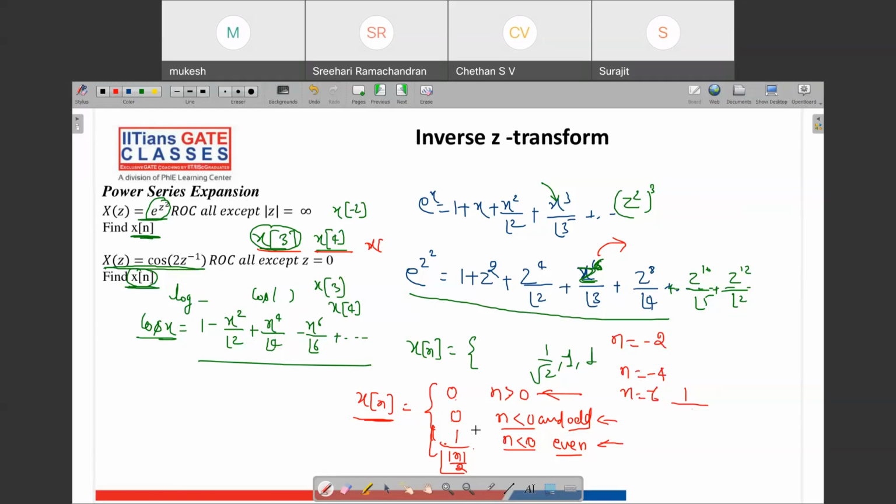So in this kind of question, if this is asked, it will be a piecewise function, not one continuous expression. It will be multiple expressions here. Similarly for cos x also, if you try to write x of n, there will be multiple piecewise functions.